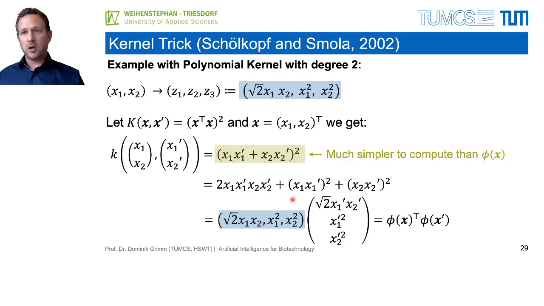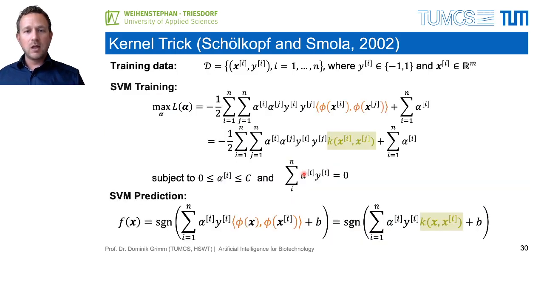And that's called the kernel trick, because now we can replace the inner product in the feature space with a kernel function, and then we can use kernels for doing predictions. That's why support vector machines are so powerful: we can use different kernels to map our data implicitly into a higher dimensional space to make them linearly separable, and then use the support vector machine to classify them.